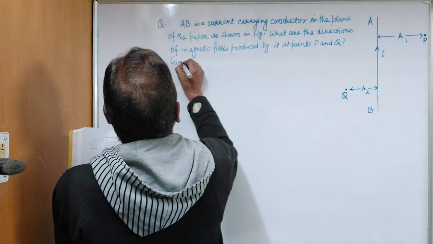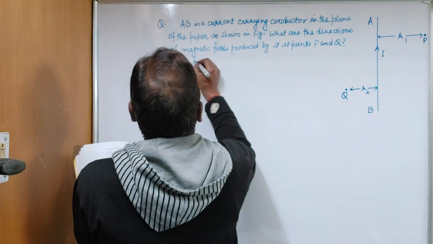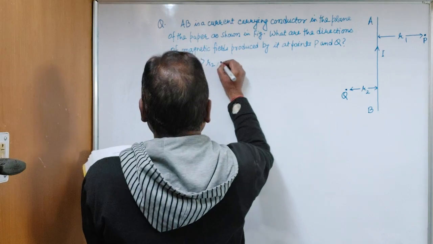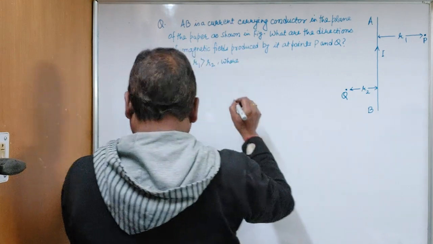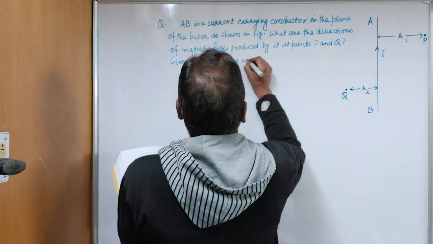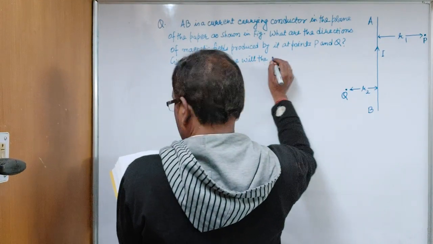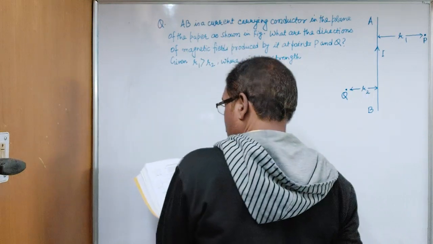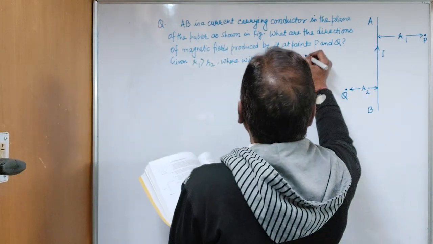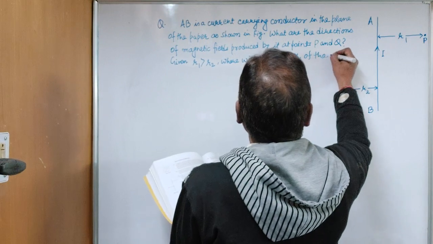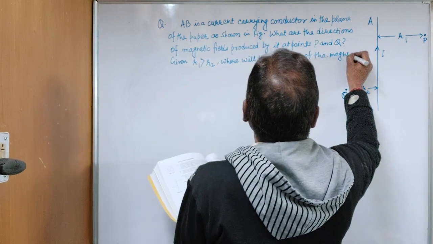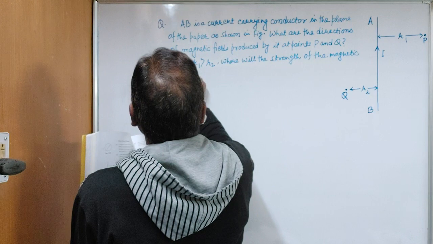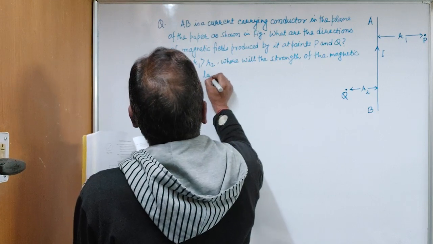Given R1 is greater than R2, then write where will the strength of the magnetic field be larger.